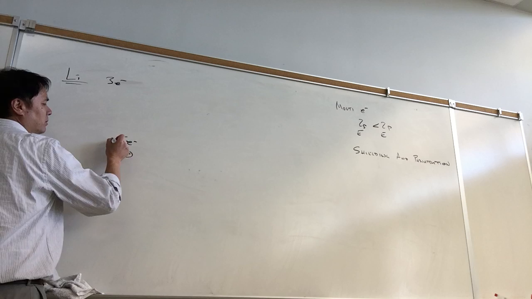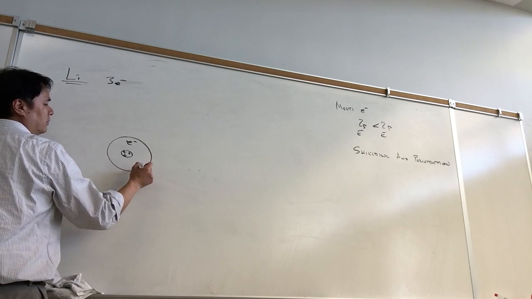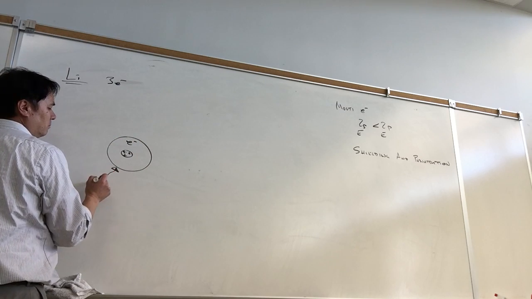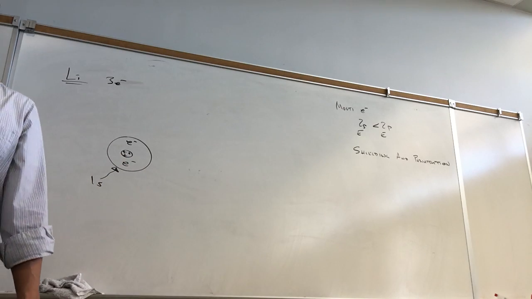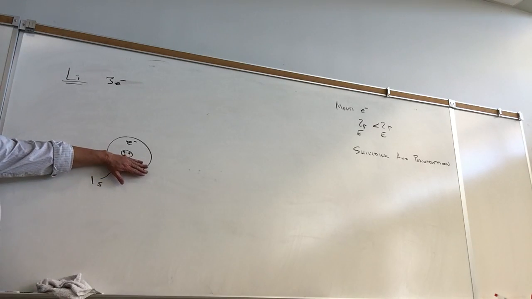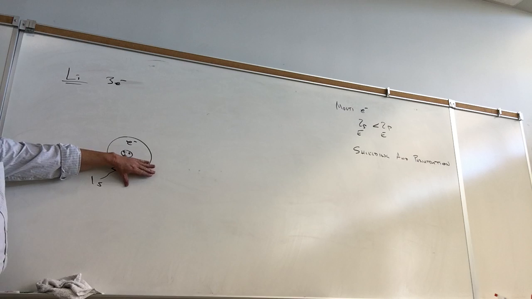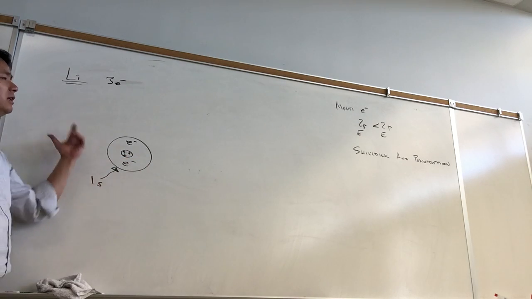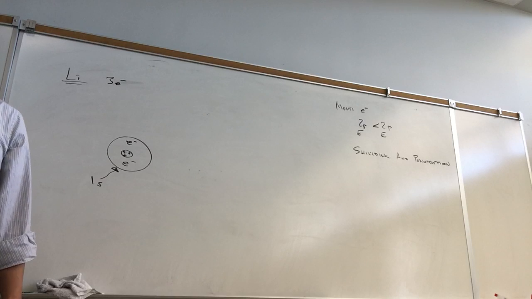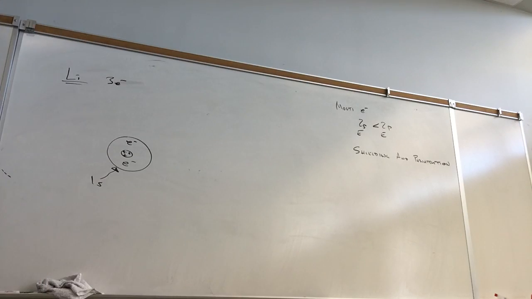And so in a 1s orbital, let's draw the 90% boundary of this 1s orbital. There's going to be 2 electrons. Now, if you look at each electron, each electron is going to see a +3 instead of a +1. So that means a 1s orbital in lithium, is it going to be bigger or smaller than a 1s orbital in hydrogen?